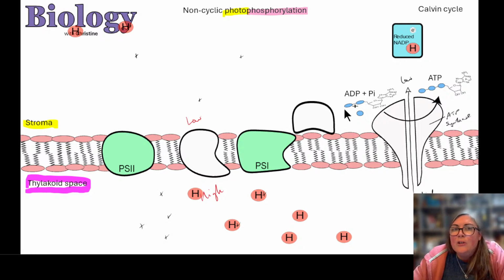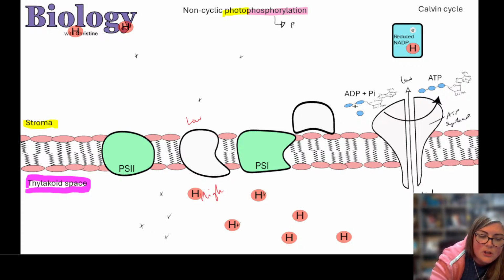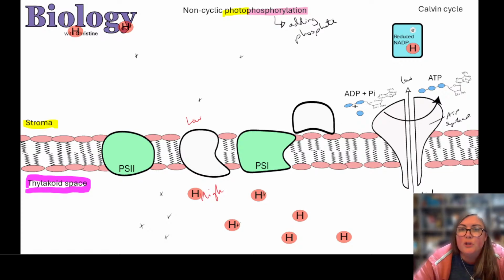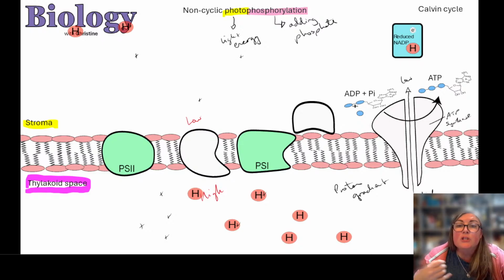So we need energy to form that final bond to make ATP, and that is why this is called phosphorylation, because we are going to be adding a phosphate to produce ATP. So we needed the light energy to create a proton gradient so that they would then diffuse through.